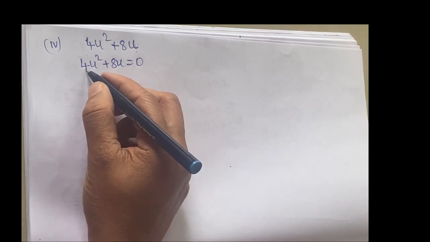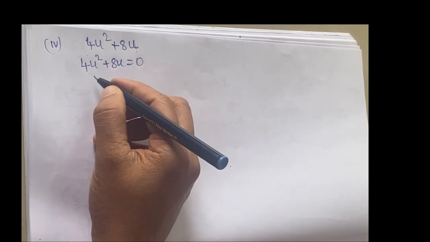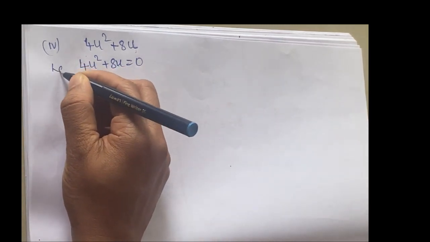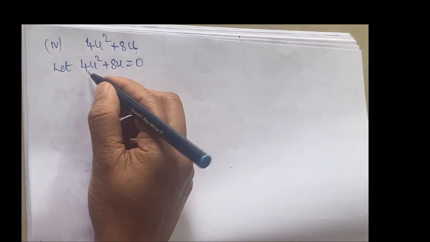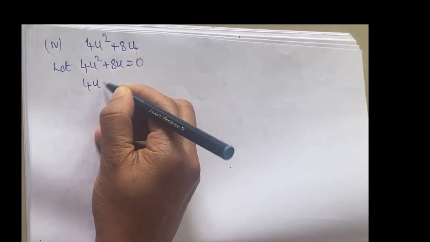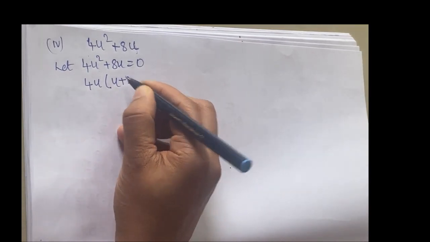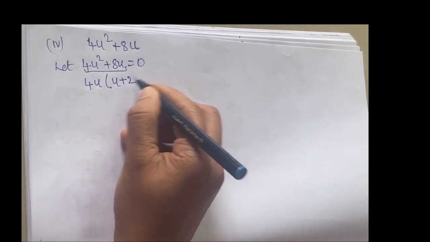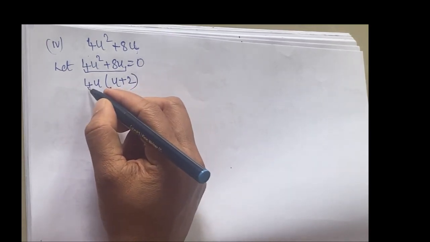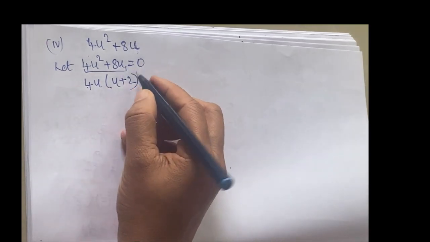If I take 4u square plus 8u is equal to 0, then 4u is common: 4u into u plus 2 is equal to 0. 4 into 2 is 8, 8u will come.